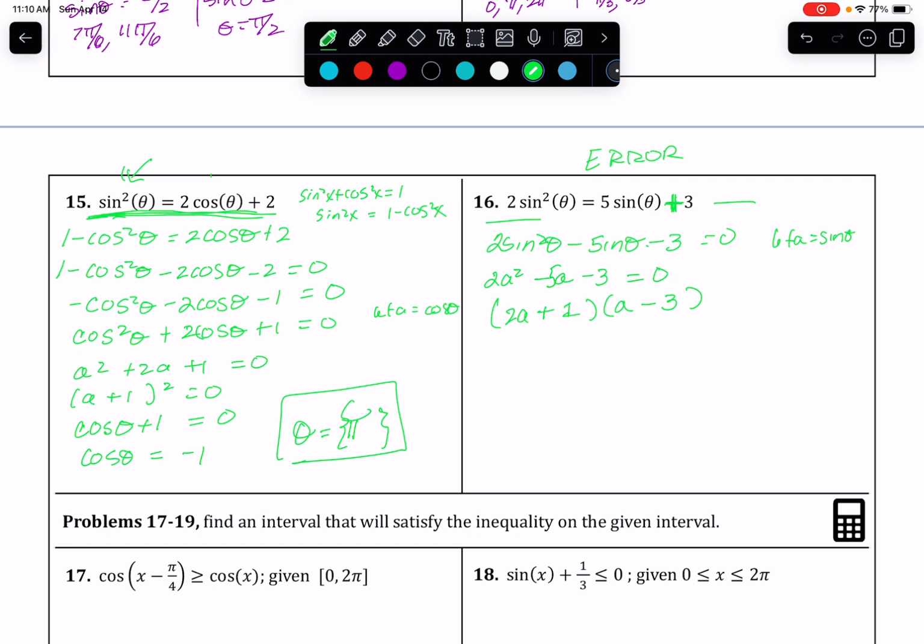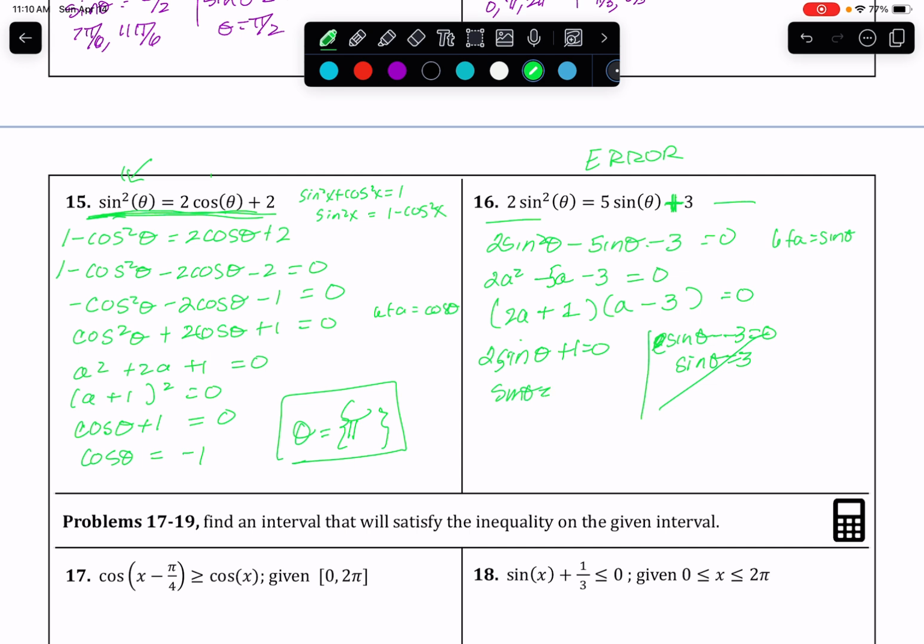So that would give us minus 6a plus 1a. So that's equal to 0. Now that we've changed that error, we can say that 2 sine theta plus 1 is 0, and sine theta minus 3 is 0. So sine theta is 3, nowhere.